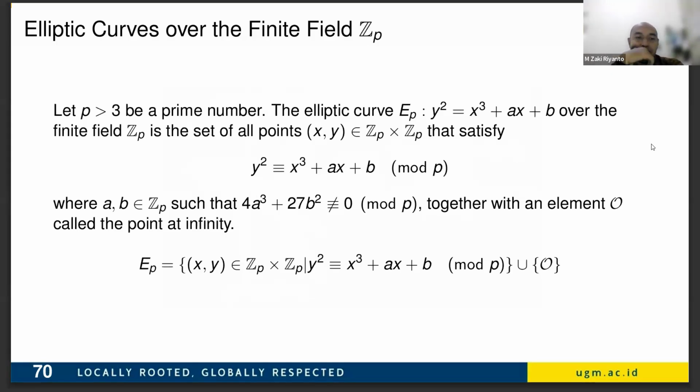And here we now move to the elliptic curve over the finite field. Here we use the finite field Zp. Let p be a prime number bigger than 3.